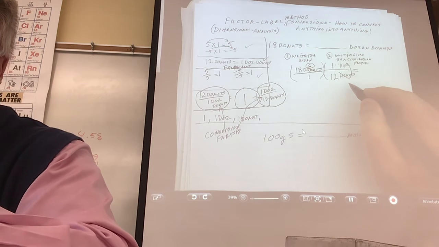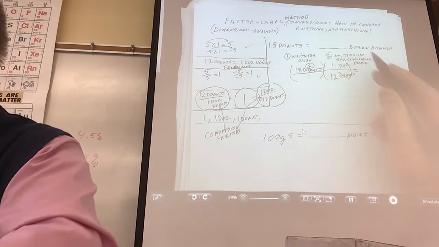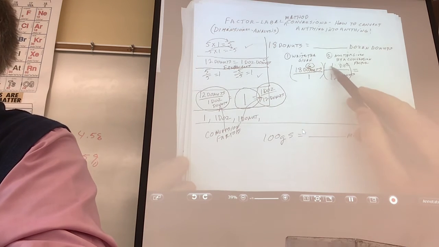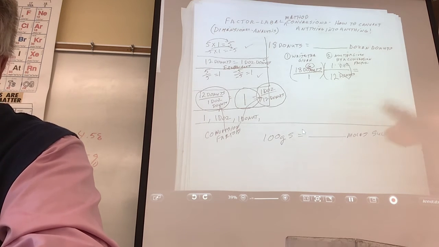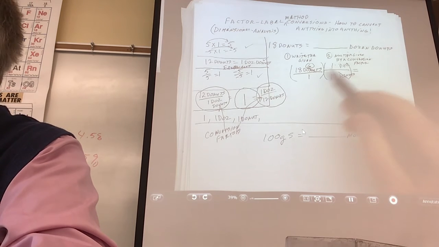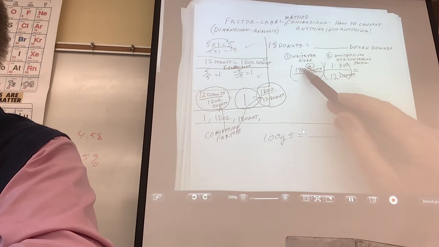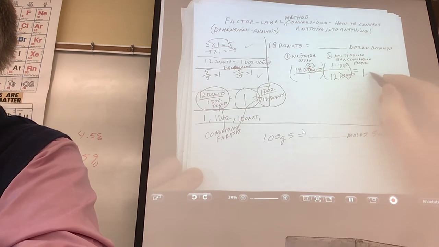Don't pick up your calculator until the label that's left is the one you want. Any number that's in the numerator, you multiply by it. Any number that's in the denominator, you divide by it. But multiplying by 1 and dividing by 1 will not make a difference, so you simply put in your calculator 18 divided by 12, and what are we going to get here?